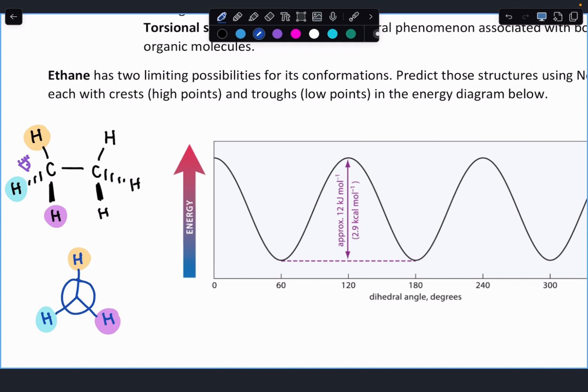Now when we're in eclipsed conformation, where the front and back bonds are eclipsed, then the back bonds are in the same location. So we'll draw them just next to the front hydrogens because we still need to account for all of the hydrogens there. But to show that they're eclipsed, we'll just draw them right next to those hydrogens.